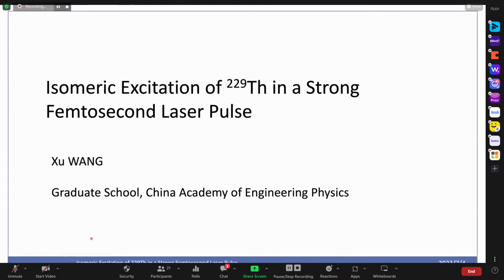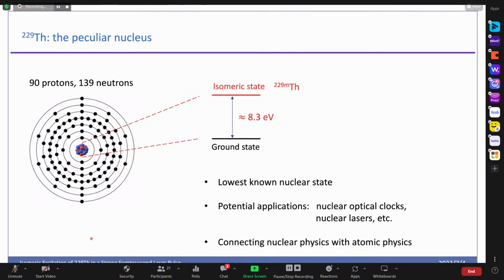It's a pleasure to have the chance to present our results on isomeric excitation of thorium-229 in a strong femtosecond laser pulse. Thorium-229 has attracted much attention in recent years because it has a peculiar nucleus. The first excited state of the nucleus, which is also an isomeric state, is only about 8 electron volts above the nuclear ground state.